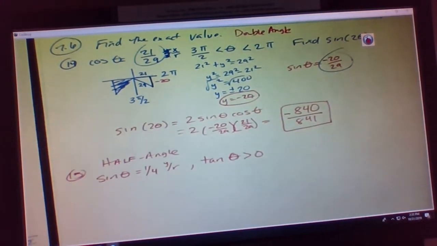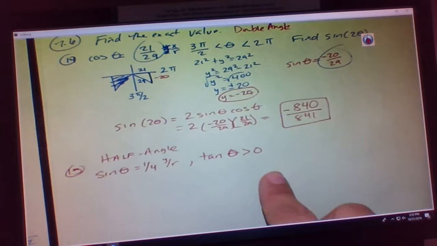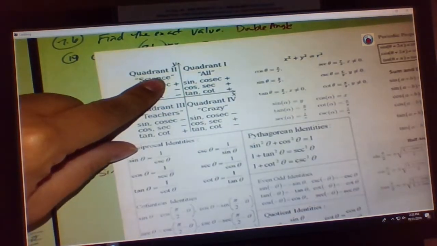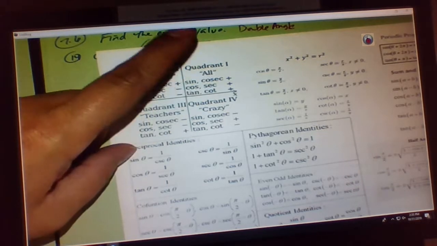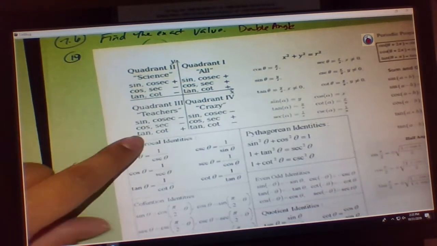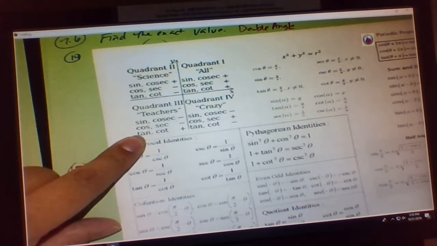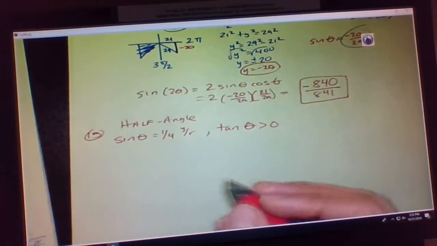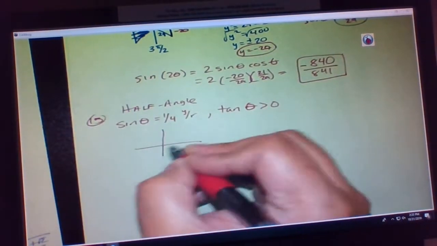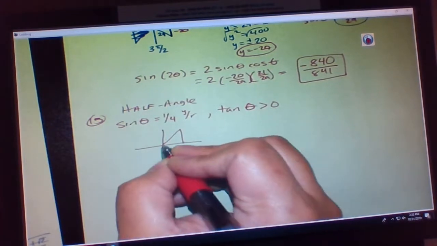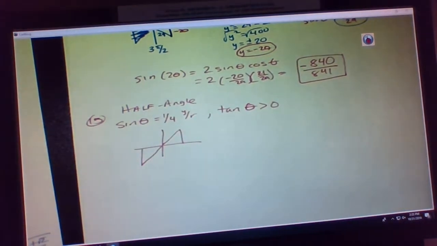So my question to you, when is tangent positive? Tangent is positive in both quadrant 1 and quadrant 3. So for this one, I have to draw a triangle here, but also a triangle there. But we need to use the information and figure out if this is possible or not.